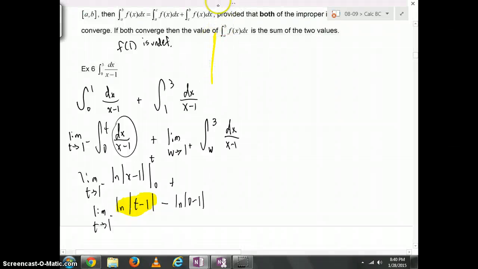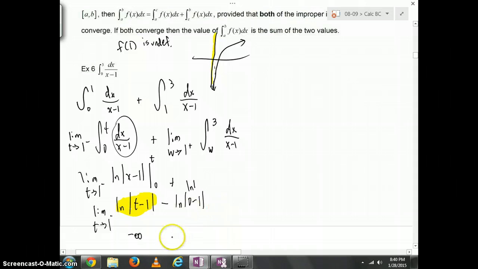Up here, I'm going to redraw a graph of the natural log function. It would look something like this. As you have a very tiny x value plugged in, this is going towards negative infinity. And of course, the second part of this is just going to be the natural log of 1, which is 0.